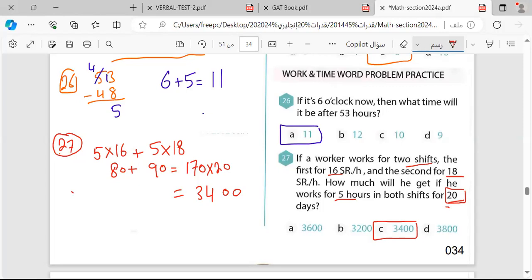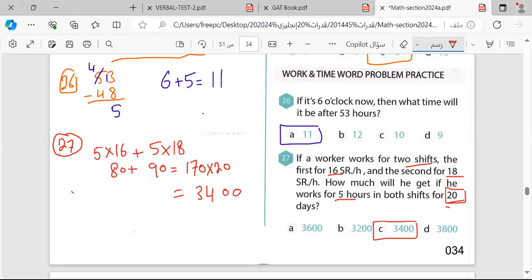Now 5 times 16 plus 5 times 18. So the answer is 170 for 1 day, right? And for 20 days, we multiply 170 times 20 days equals 3,400 riyals. واضح يا clear. تمام.